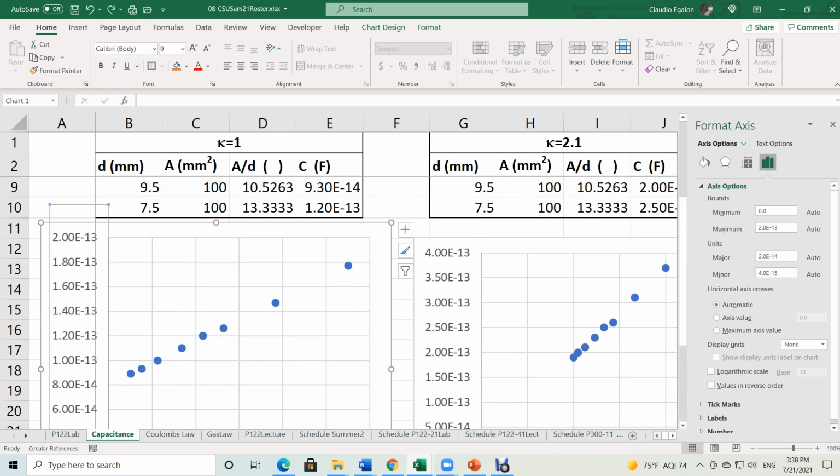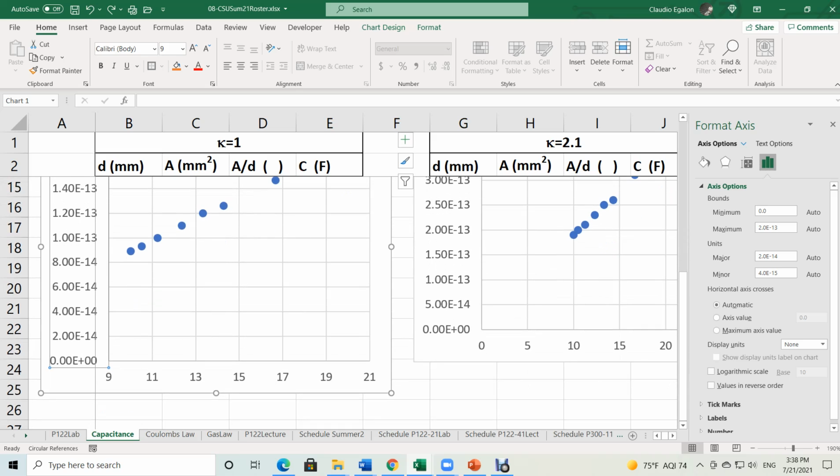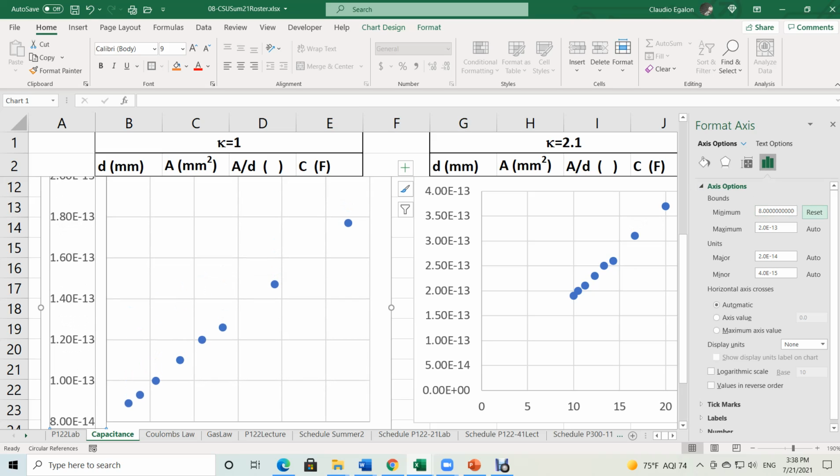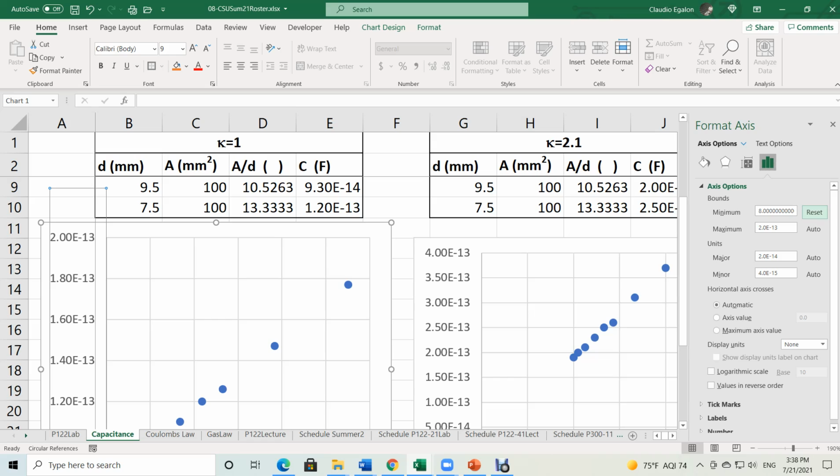I'm still working on the first graph, right? I'm optimizing the first graph. 8 times 10 to minus 14. Can I do better? 1.8 minus 13. Instead of 2, we gotta put 1.8.